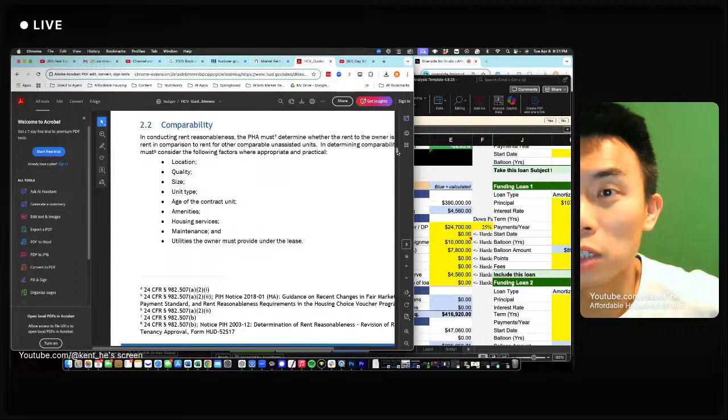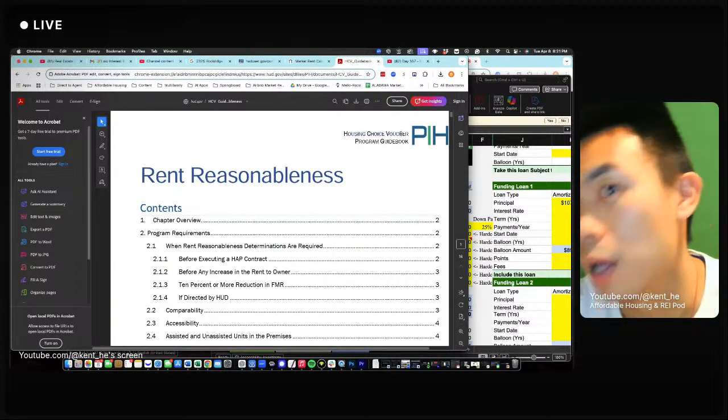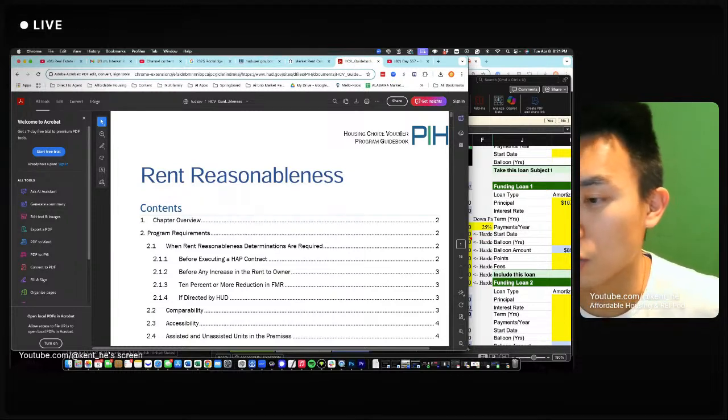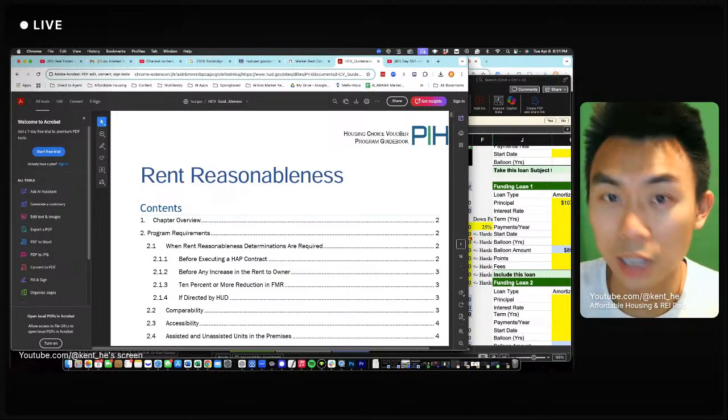Because if you look at this, this is the Housing Choice Voucher Program Guidebook. HCV, which stands for Housing Choice Voucher, was previously known essentially as Section 8. They rebranded from Section 8 to Housing Choice Voucher because of all the negative connotations associated with Section 8.